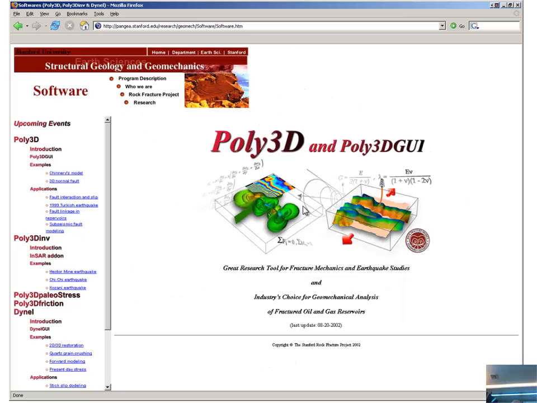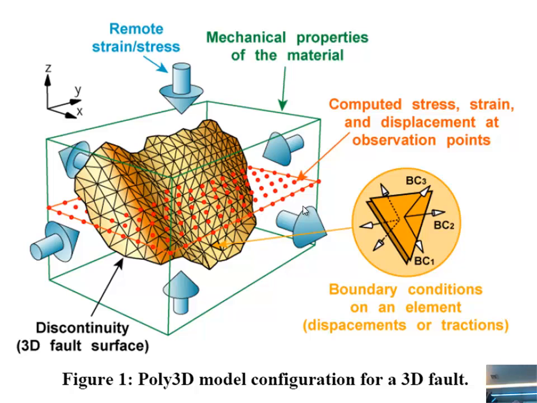There are other pieces of software that do the same kind of calculation. This one's called Poly 3D. The important thing about Poly 3D is that instead of rectangles, it uses triangles. The nice thing about triangles is you can have a continuous surface that changes in two directions. Even a soccer ball, you can do, what's the effect of a pressurized chamber? Because if you have rectangles, you have gaps, right?